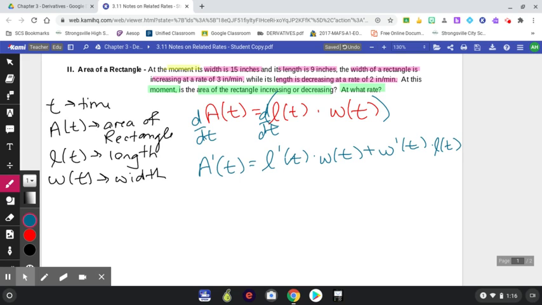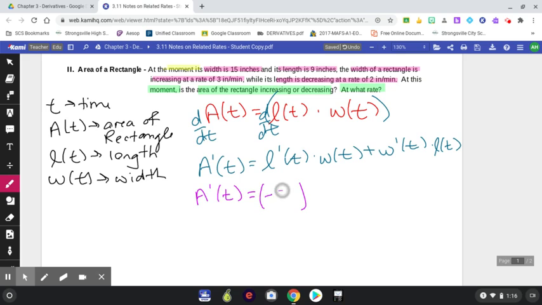And again, notice that I'm writing L prime of t. It's the derivative of L with respect to t. L is not the independent variable. The derivative of L is L prime. Now, I have information that I can substitute in, right? I don't know what the rate at which the area is changing is. That's what I'm trying to find. But I do know the rate at which the length is changing.